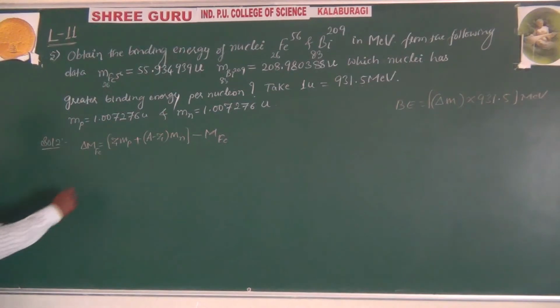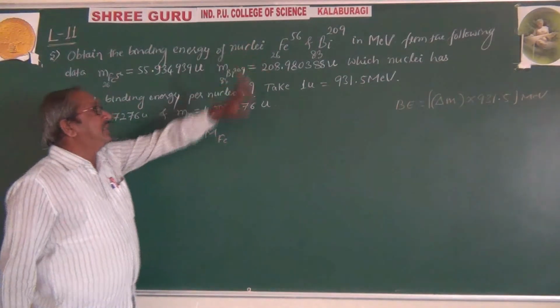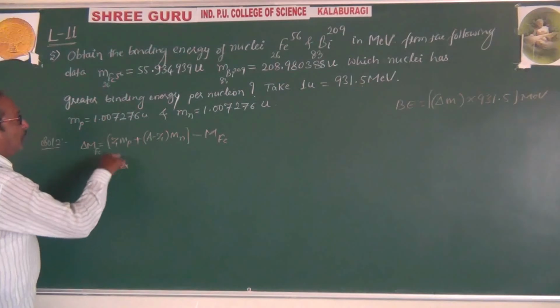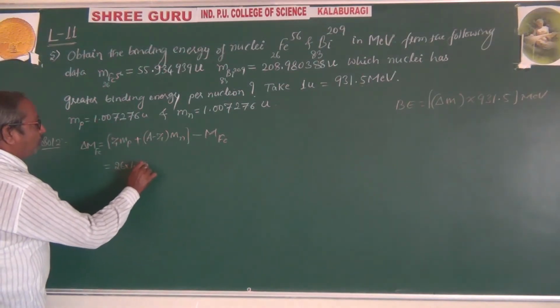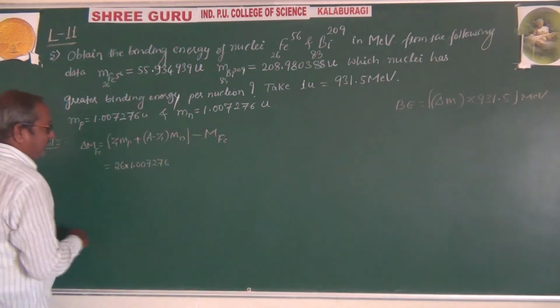Now this is equal to Z, the number of protons. For iron how many? 26. 26 into the mass of each proton, 1.007276.